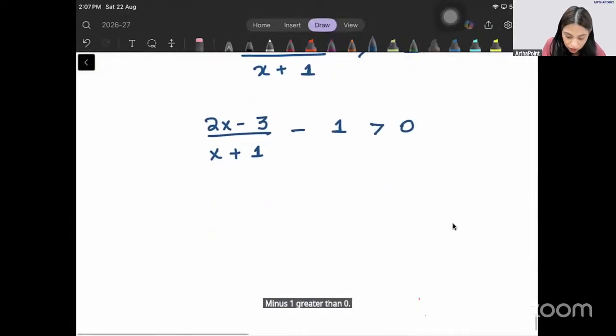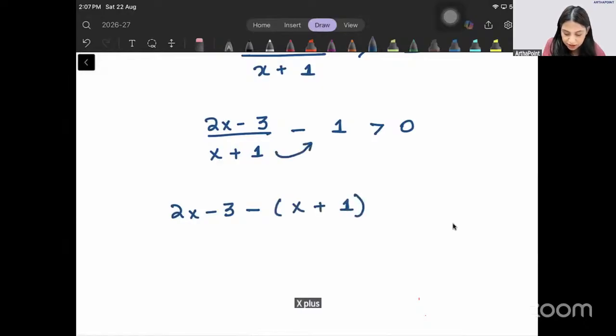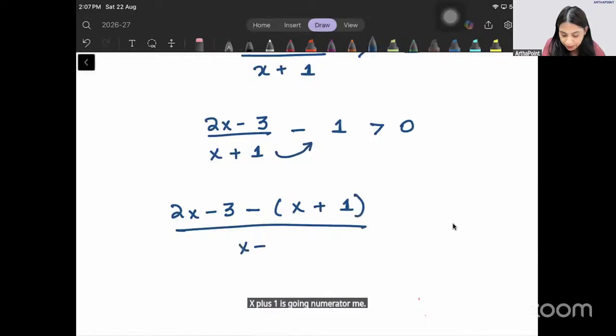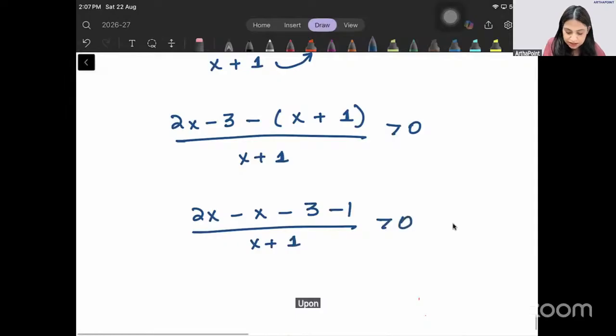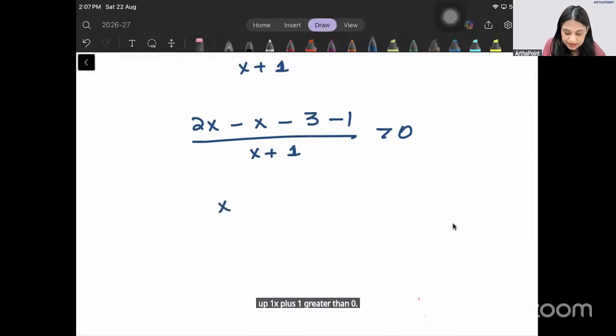Okay. Now do 2x minus 3 minus x plus 1, taking this in the numerator, upon x plus 1 greater than 0. 2x minus x minus 3 minus 1 upon x plus 1 greater than 0. x minus 4 upon x plus 1 greater than 0.